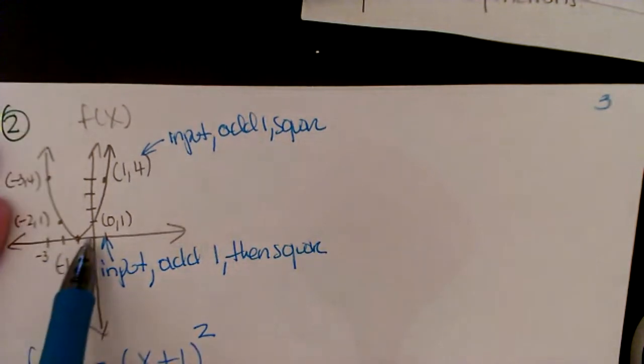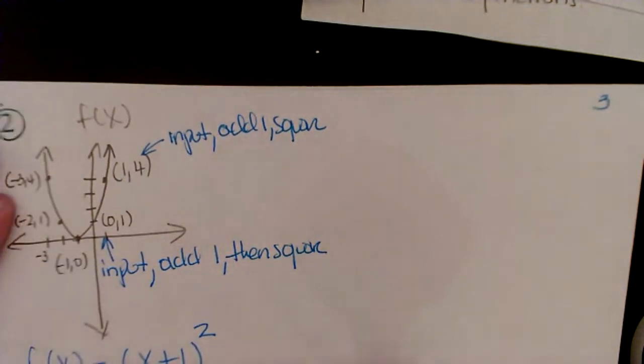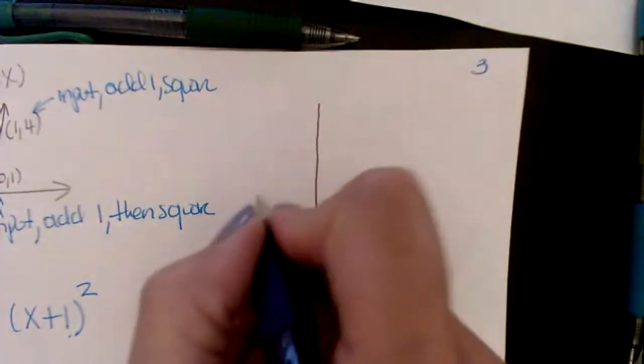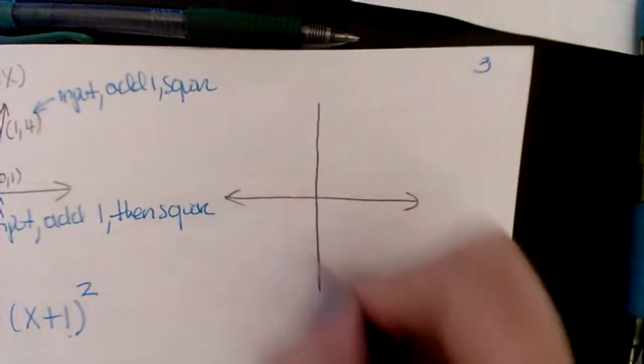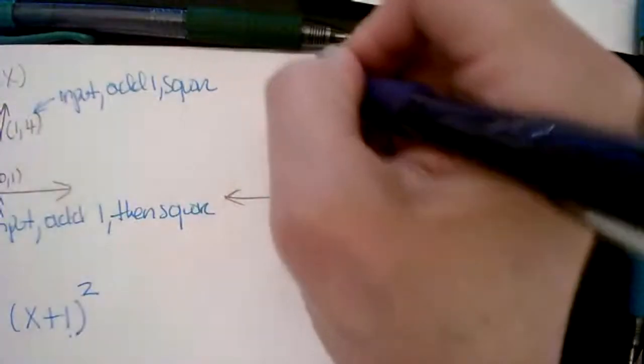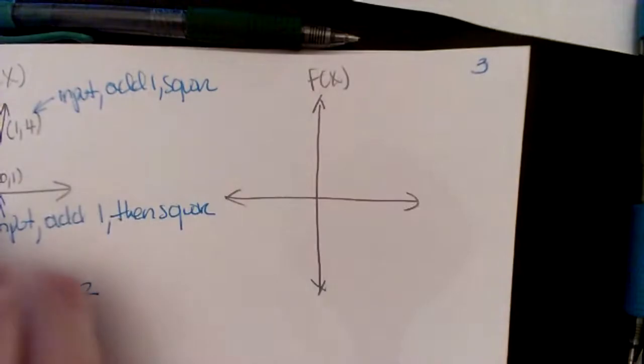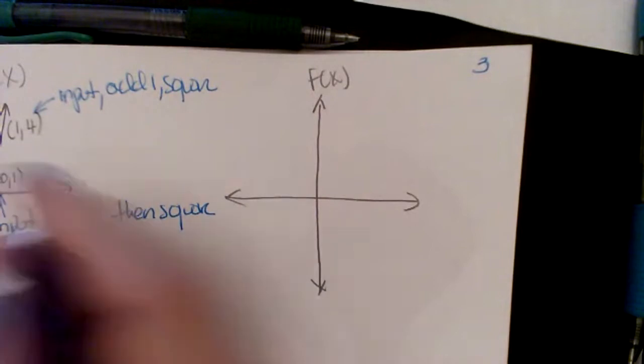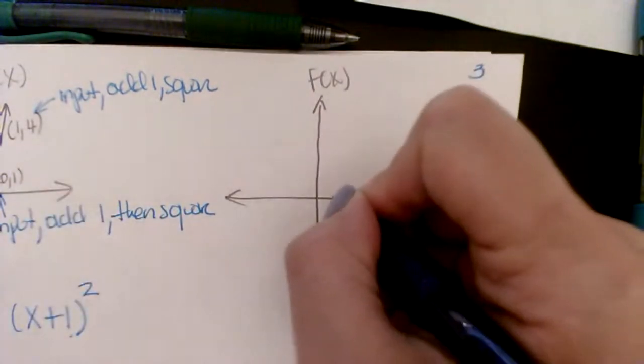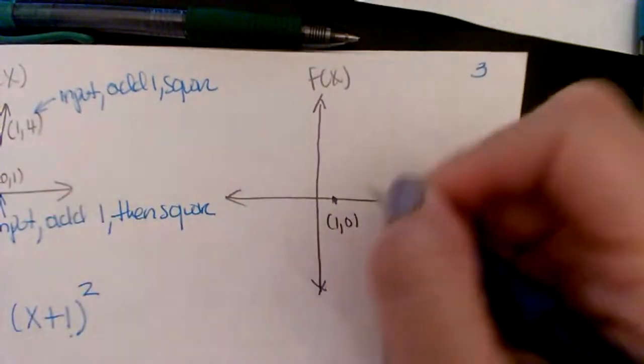Now, notice that it's going to the left and it's plus 1. So this one is going to be like this one, but it's going to start where? Over here. So it's going to start right here, 1 comma 0.